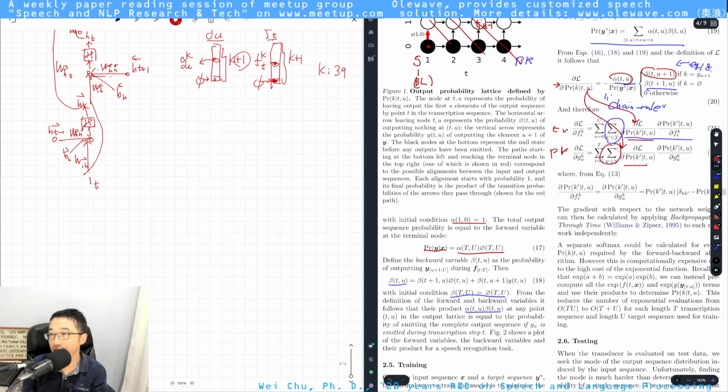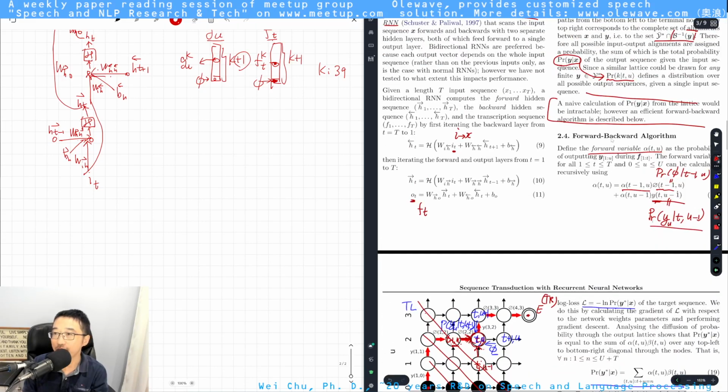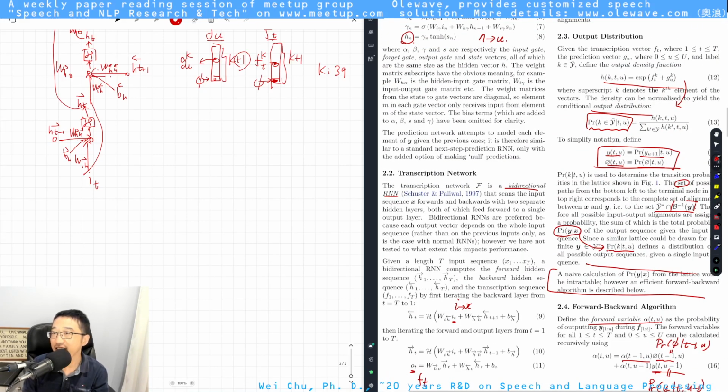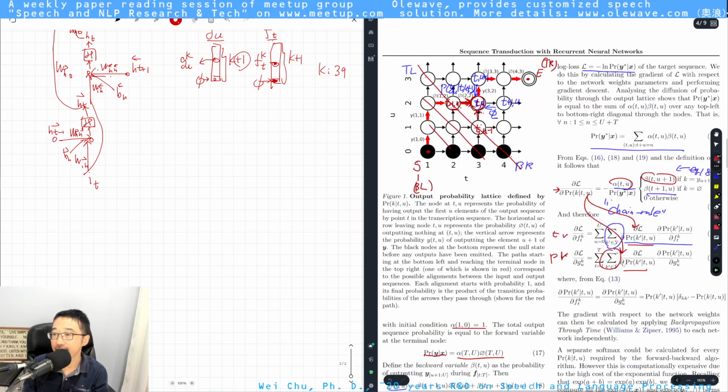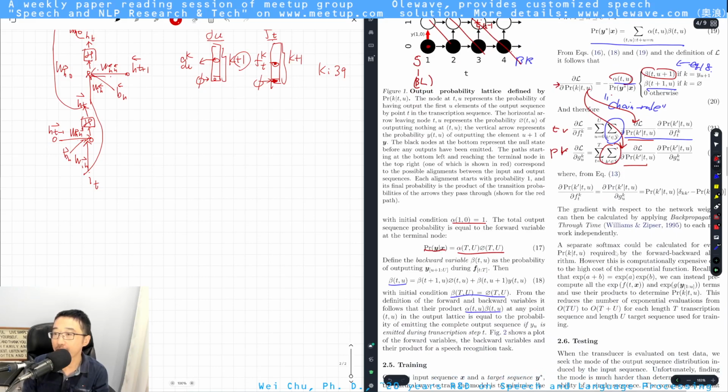It's being calculated. And then these two are even simpler. I will leave a homework for you, okay? Check equation number 12 and see if you can obtain this.